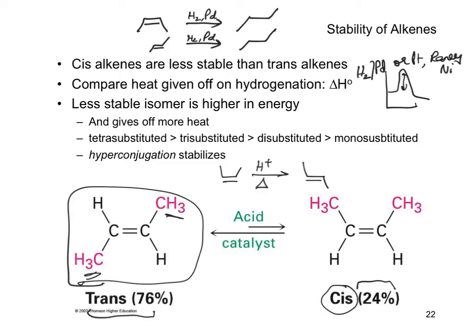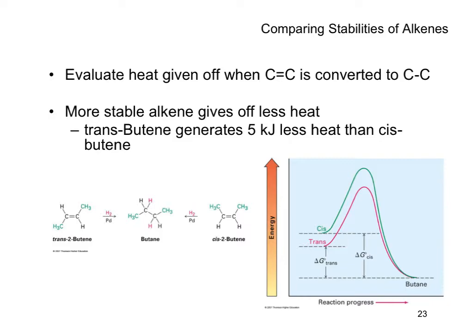But there is a difference between the two alkenes. And that difference is that whichever is the less stable of the two, that will give off more heat. Again, whichever is the less stable of the two will give off more heat. Let's take some of these things in stages, and we'll discuss each of these bullet points, what those mean, and take it from there.